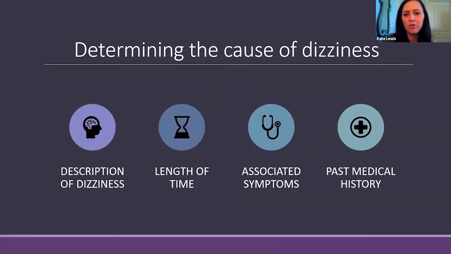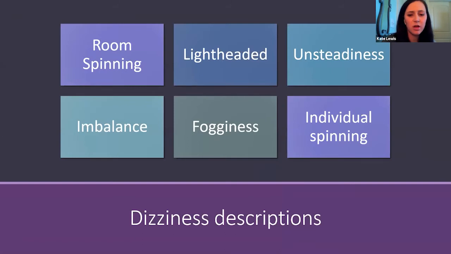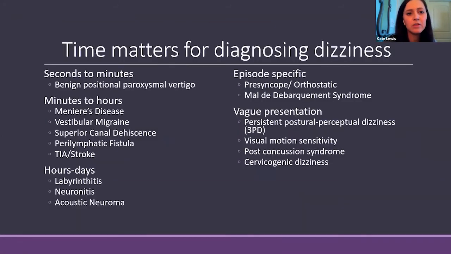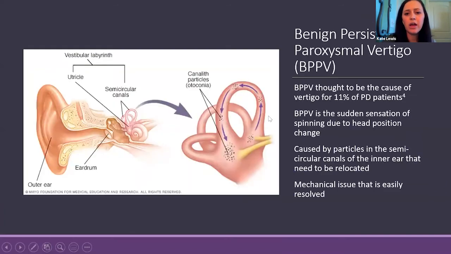So I talked about the causes of dizziness, which you heard. Another important picture is for BPPV. The crystals, the otoconia, are made of calcium carbonate, so that's why they get called crystals.